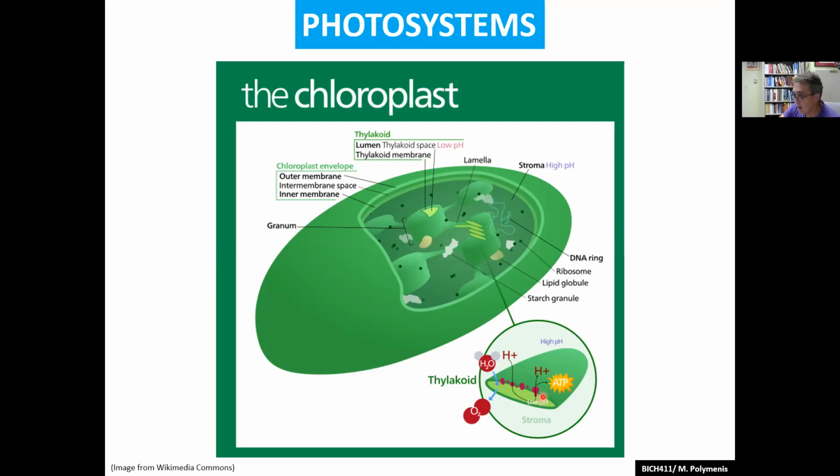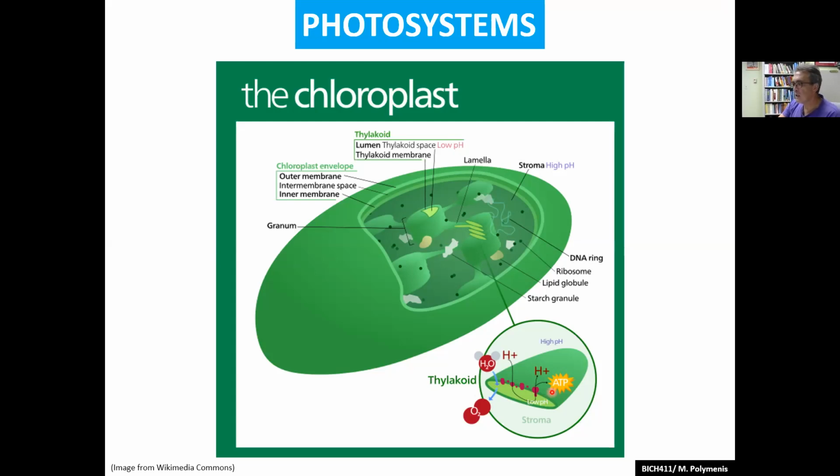The protons want to come out, and all you have to do is stick an ATP synthase right there at the membrane. But again, the orientation is the opposite. So the soluble part that makes ATP is actually on the outside now. So the protons, as they want to come out, go through ATP synthase, they come out. That's where they want to be, and ATP synthase, of course, makes ATP now.